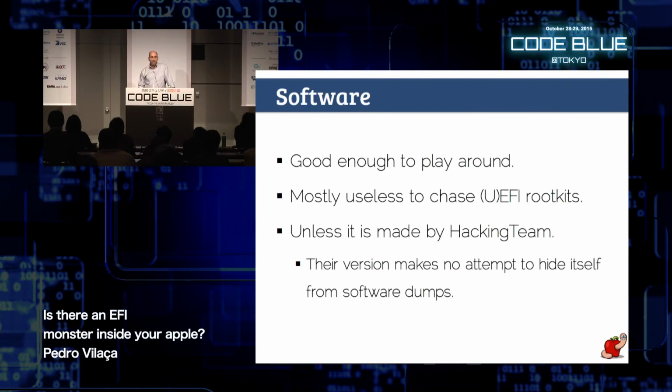Hacking Team was only interested in persistence, in keeping across reinstalls. They did nothing to hide the rootkit. So if you dump a machine that is infected with the Hacking Team rootkit from software, you'll see the rootkit there. If you know me, I say a lot of bad things about Hacking Team. If I was designing this rootkit, this would be the first thing I would work on.